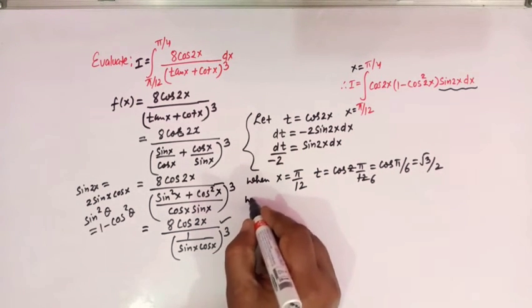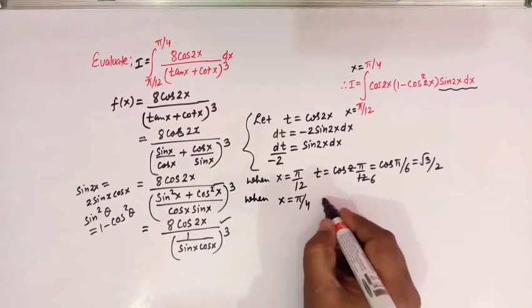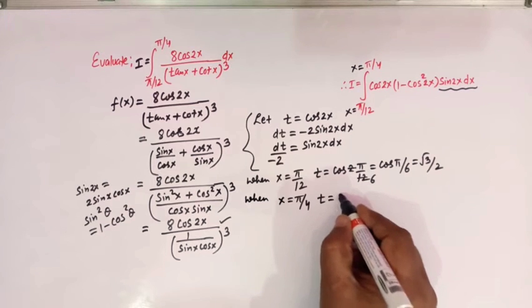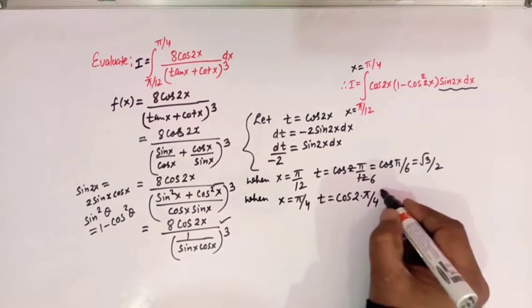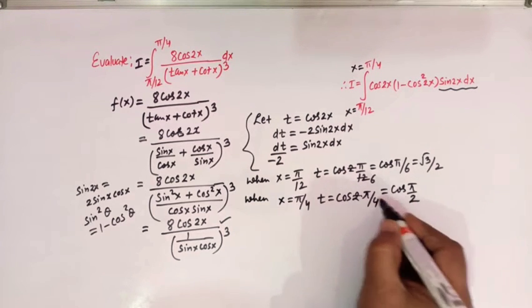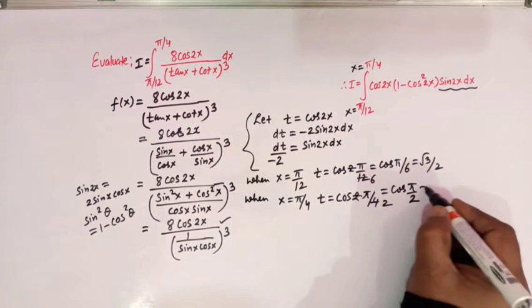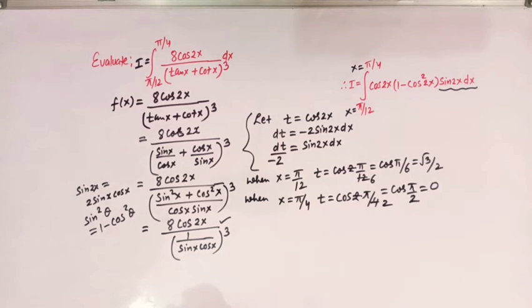And when x is pi over 4, then t is cos of 2 times pi over 4, that is cos pi over 2. This is cos 90 degrees, so here we have 0.